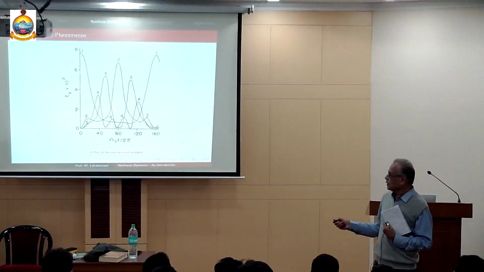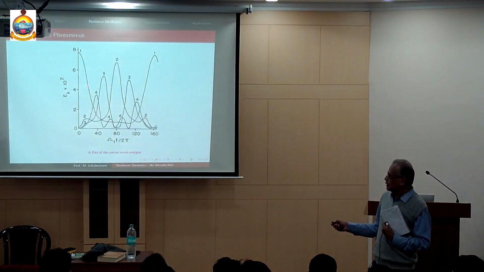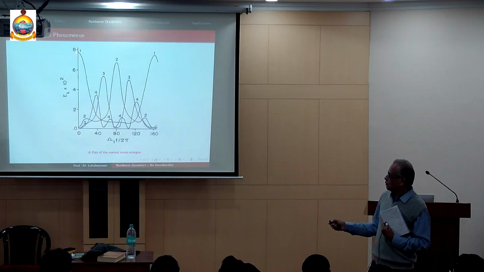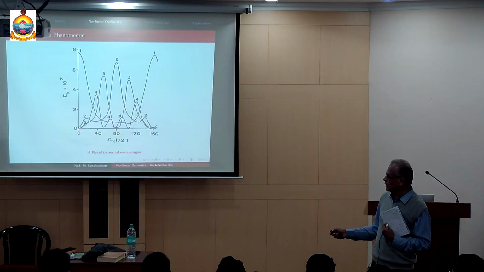Okay. So what is shown? I will just take a minute. This picture shows 32, 64 or 128 oscillators coupled through anharmonic force. You give an initial energy distribution, an initial condition. You give most of the energy to the first mode, and all the other modes, up to 32 or 64 or 128, have very little energy.